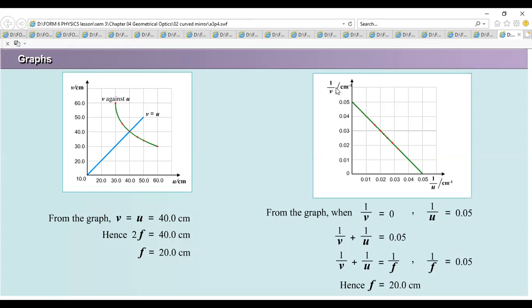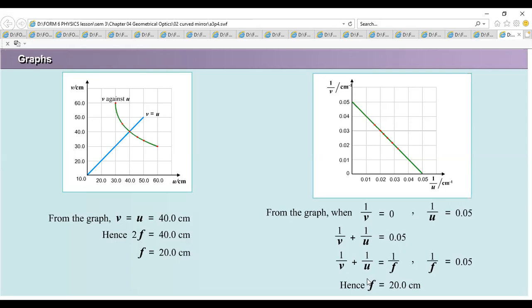If there is a graph of 1 over V against 1 over U, normally the line will be a straight line with a negative gradient. So from here, we use y equal to mx plus c, where y is equal to 1 over V. 1 over V plus 1 over U will be equal to 0.05.